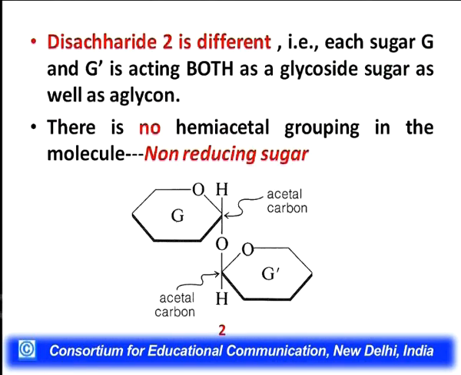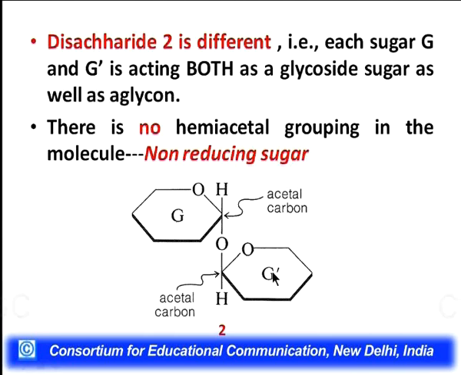Now the two sugars can also link in a different manner. So how is this disaccharide, which I have shown on the screen, different from the disaccharide which we've just discussed? In this case, both the monosaccharides are acting as glycon and aglycon.